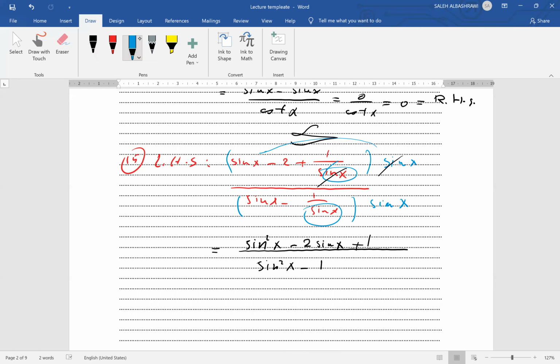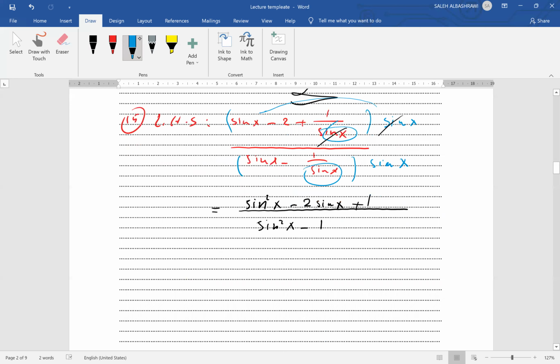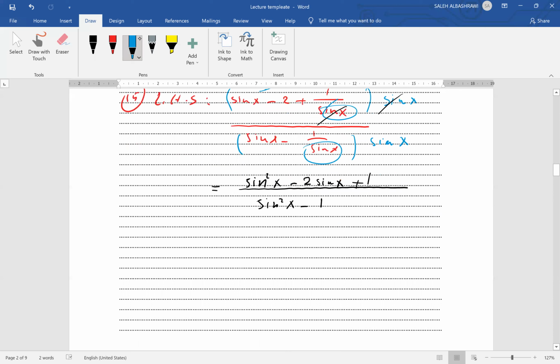Now, to simplify this, I will use the two identities. I have a square minus 2ab plus b square can be written as a minus b square by special factoring. And in the denominator, I have a square minus b square, which is equal to a minus b multiplied by a plus b.